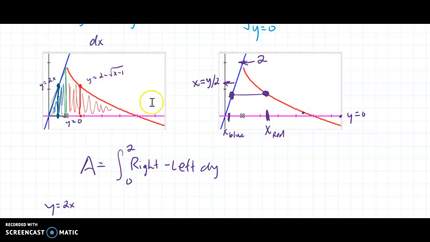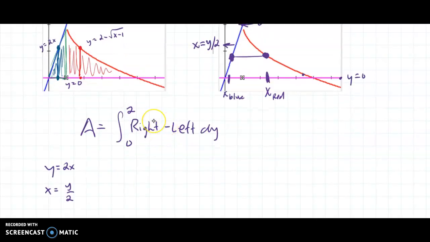And then when I solve for this one, I've got y equals 2 minus root x minus 1. I'm going to move the 2 over: y minus 2. Then I will negate everything.